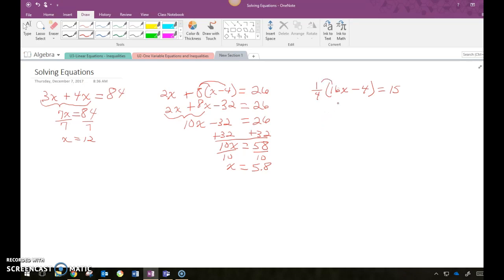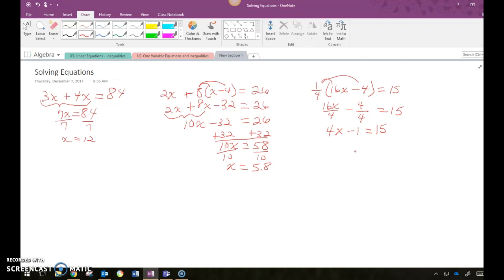So 1/4 times 16 would be 16 divided by 4, minus 1/4 times 4 would be 4 divided by 4, and all that equals 15. Then we're going to simplify this fraction. 16 divided by 4 would be 4x, minus 4 divided by 4 would be 1, equals 15.